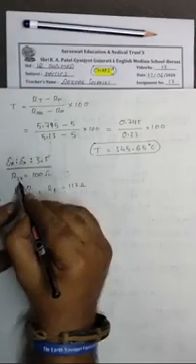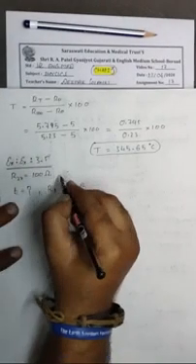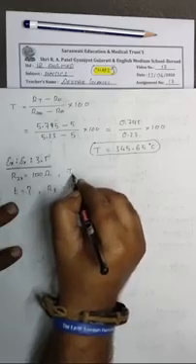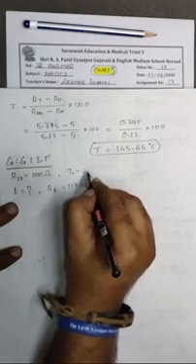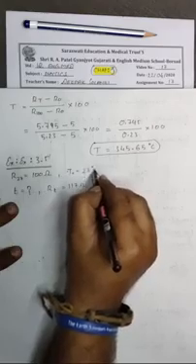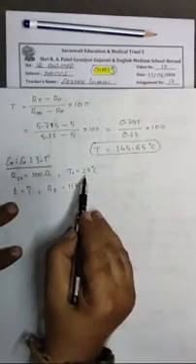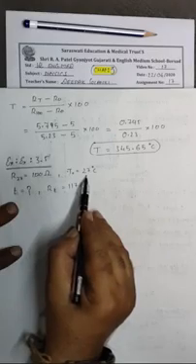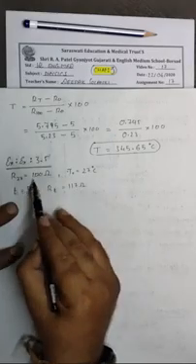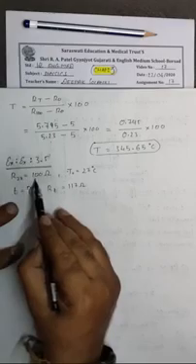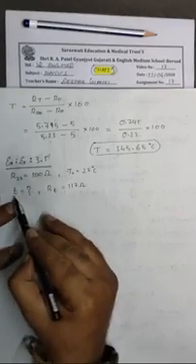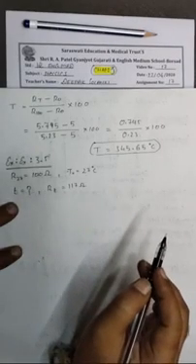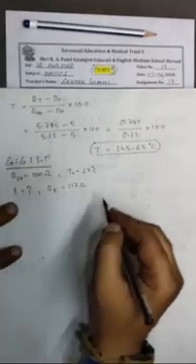It is a reference temperature, so you have to take T0 equal to 27 degree Celsius. Why? Because the room temperature is given as 27, and whatever the resistance is at that time is also given, but you have to find the temperature at which the resistance is RT. One more thing is given.